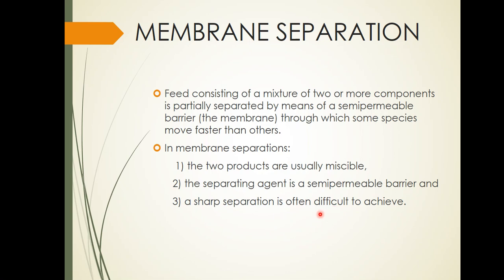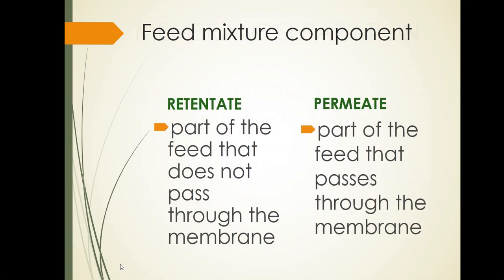It's often very difficult to get a 100% separation in the case of membrane separation and in the case of the other separation processes. So I've mentioned the terms retentate and permeate. The one that was allowed to pass through the membrane is the permeate, and the one that was retained is the retentate.